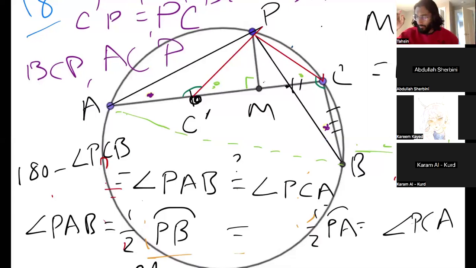So PCB is 180 minus PAB, and PCA is, sorry, what did I write?